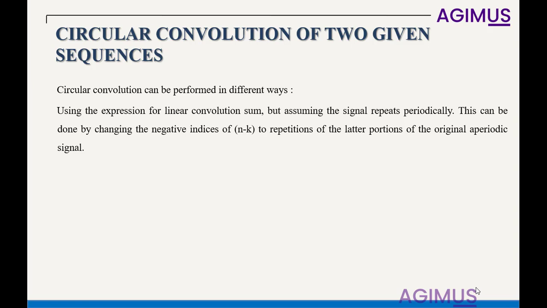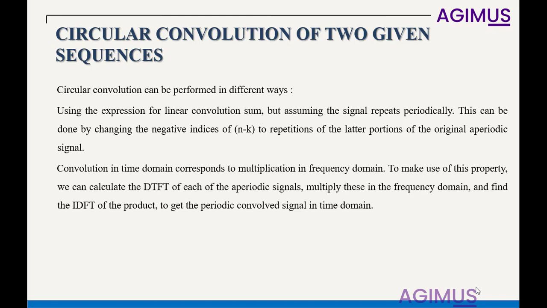Now, if I have sequences where I'll be performing the finite impulse response of it, this is where the fast Fourier transform algorithm and circular convolution can be used together to perform different operations. Convolution in the time domain corresponds to multiplication in the frequency domain.